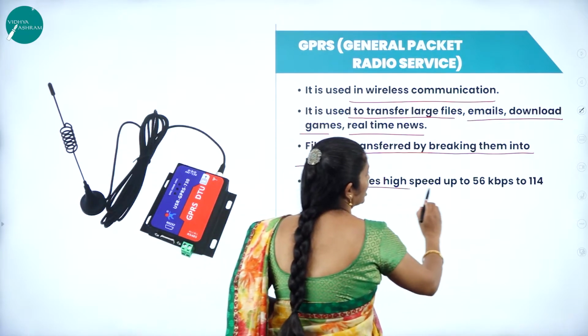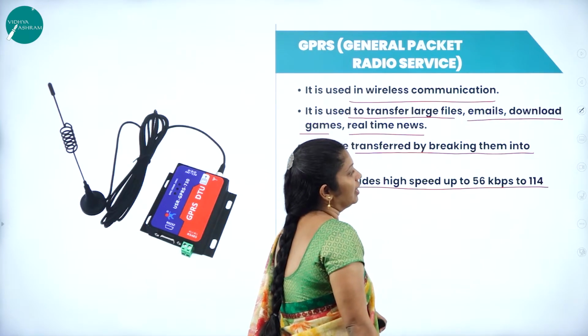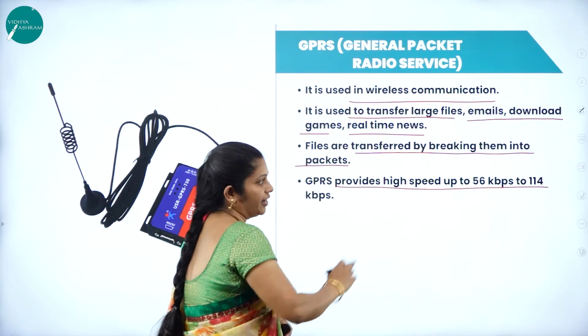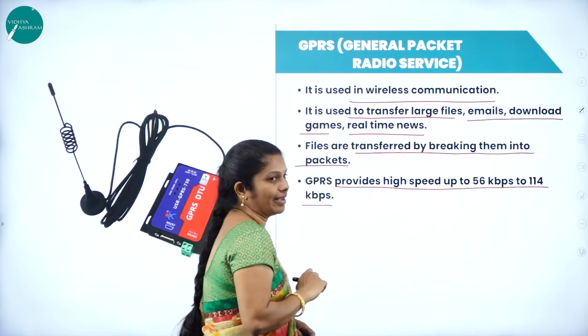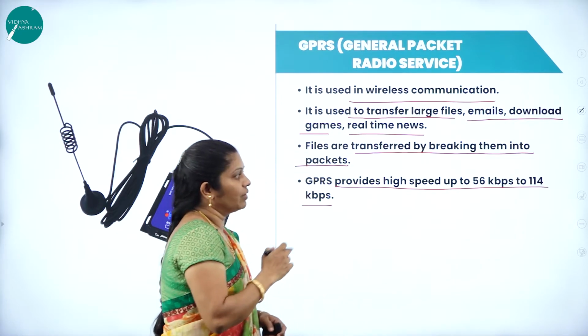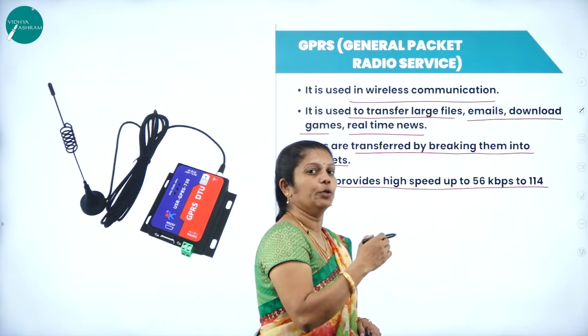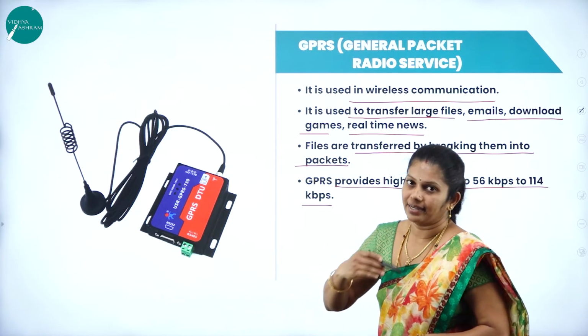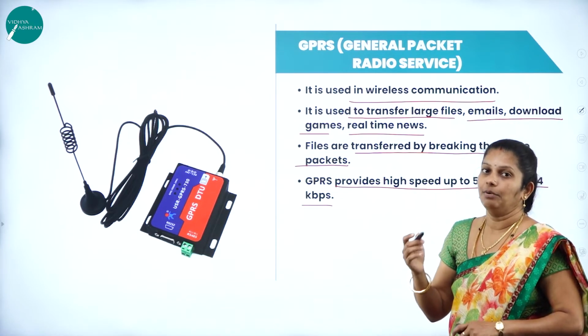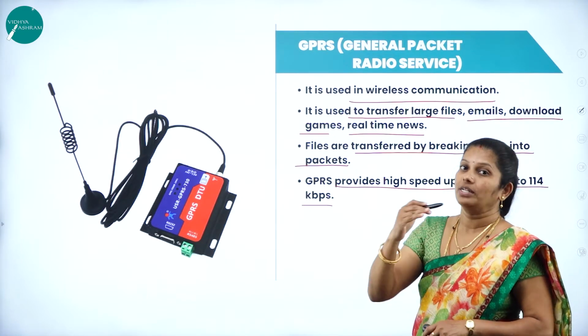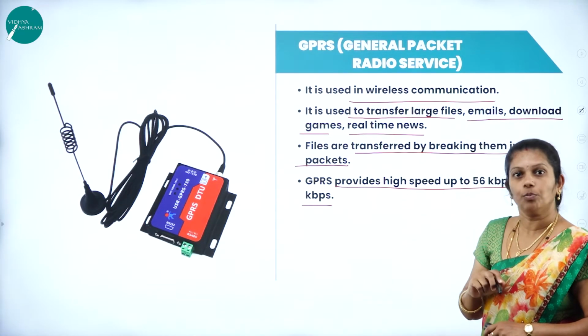GPRS provides a high speed of 56 kilobytes per second to 114 kilobytes per second. The data rate is fast, and we can get where exactly it is moving and perform the work regarding that.